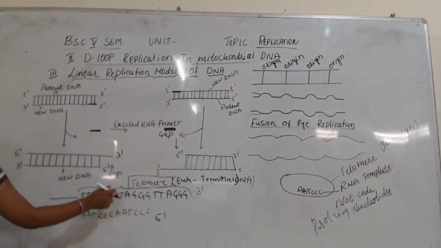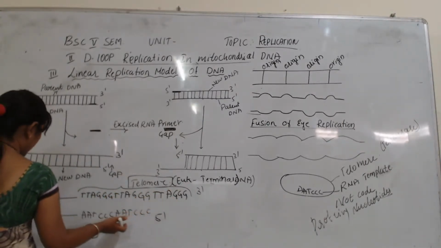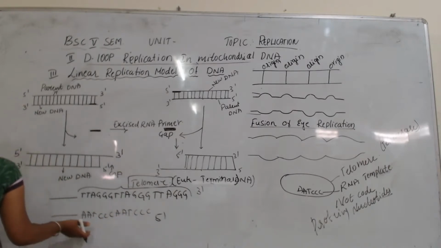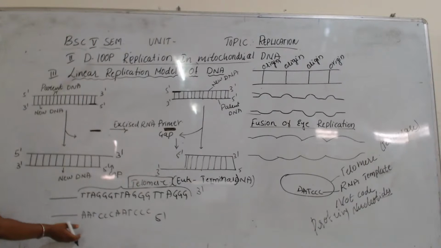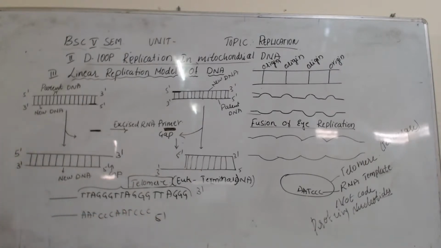So they will go on adding from the 5 prime towards the 3 prime of the pre-existing strand. This enzyme acts as a reverse transcriptase, a linear reverse transcriptase that synthesizes DNA from RNA, as in HIV.